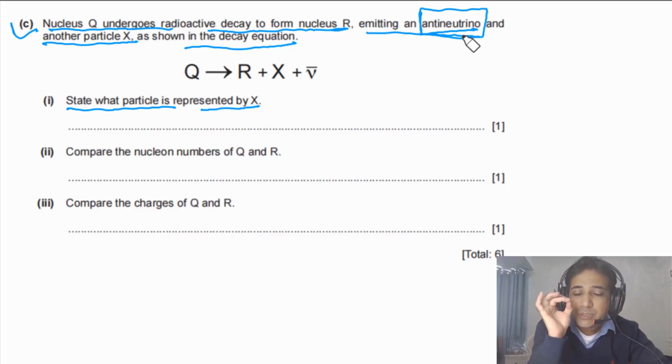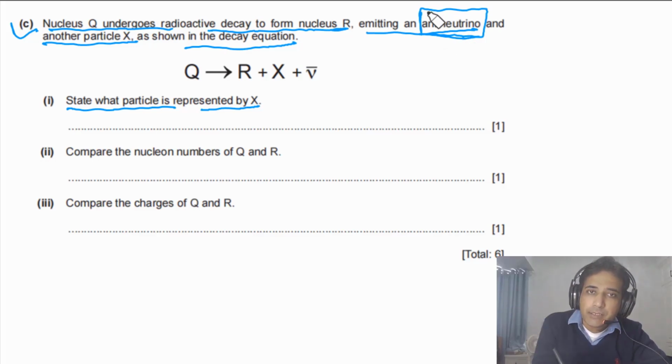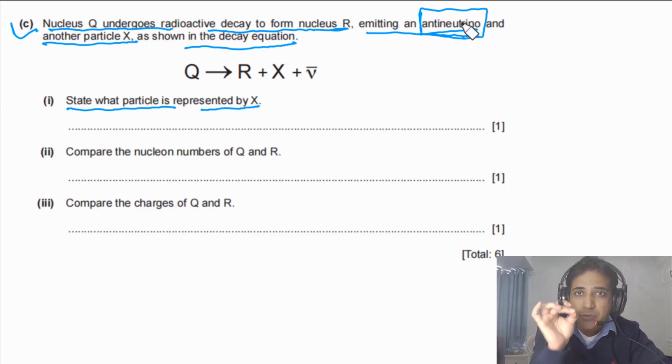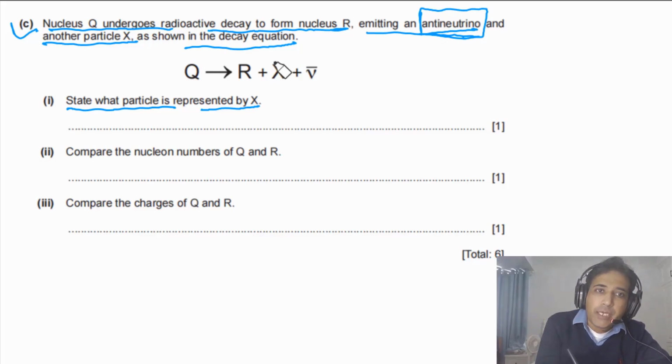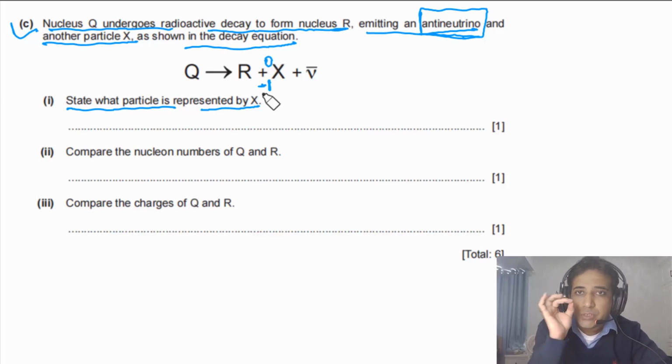Actually, this is an electron antineutrino. As this one is an electron antineutrino, it is an antiparticle. So this one has to be a particle, meaning this one has to be an electron, to conserve lepton number.